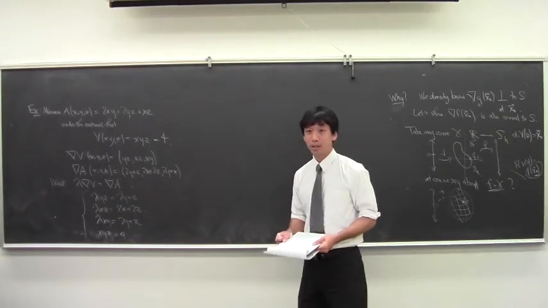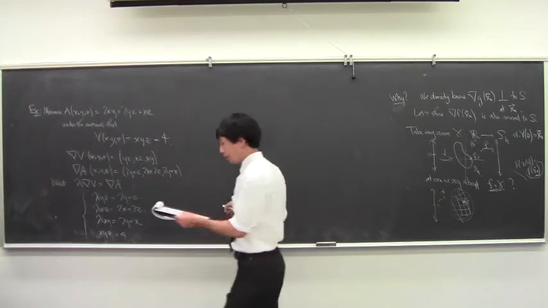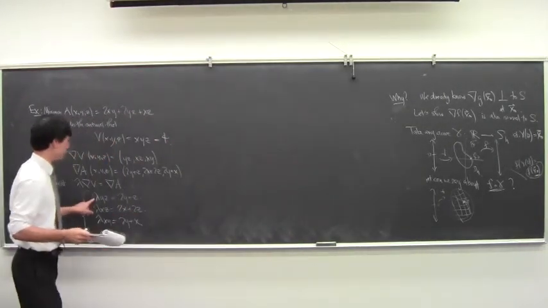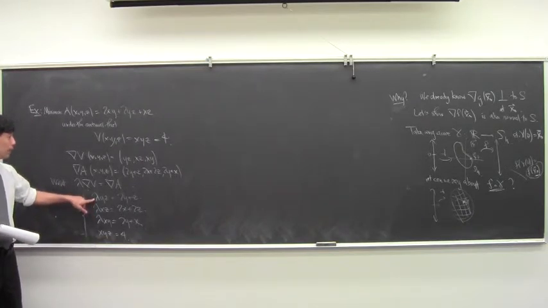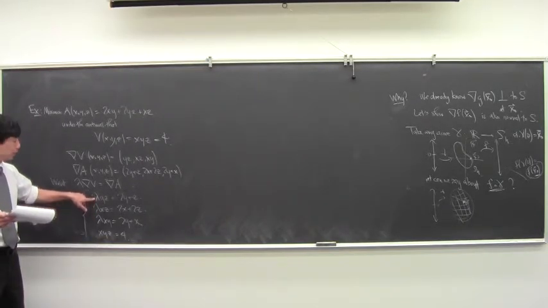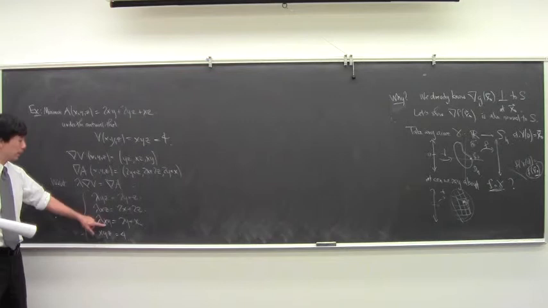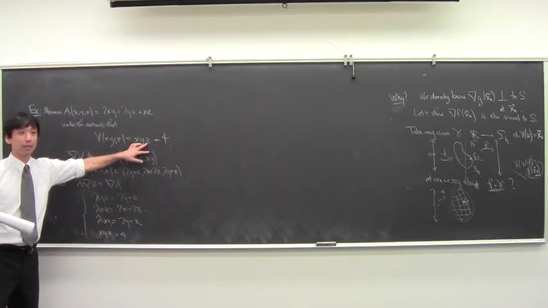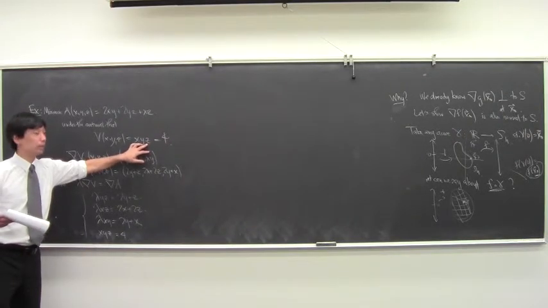There are a couple ways you could do it. One, just as we did before, solve for lambda by dividing by yz, by xz, and by xy. It's okay to do that because we know that none of them are equal to 0. You notice xyz equals 4, so none of these guys are 0.